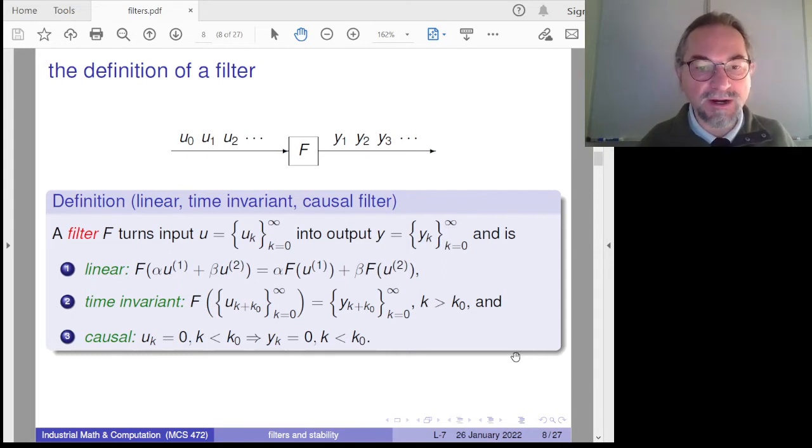Time invariance means that if we have a lag, a delay, then for all indices greater than some k naught we have the same sequence of numbers. So if we are delaying the signal by k naught, then the output also gets delayed by k naught.